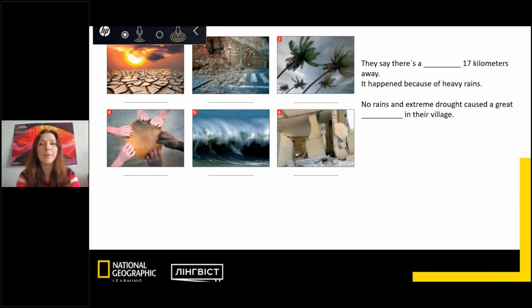Well, good. Now have a look at my sentences. There are 2 words from the pictures that should be put in the gaps. Please read the sentences and write to me what the words are. Thank you very much for your answers.